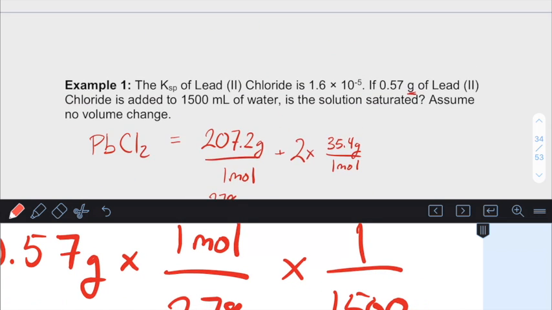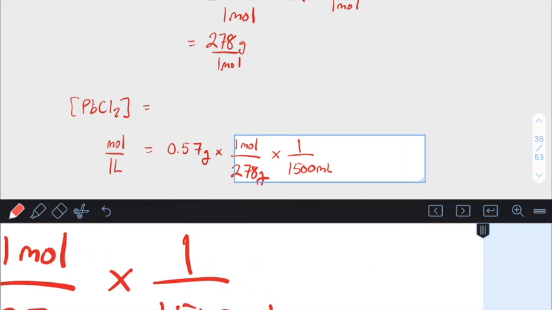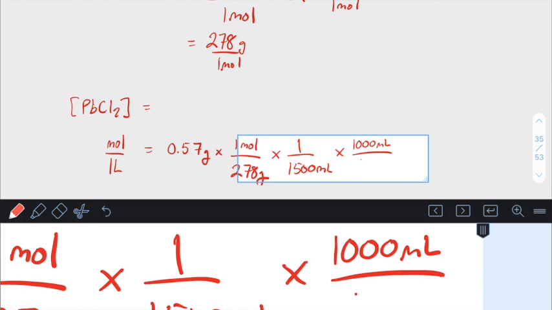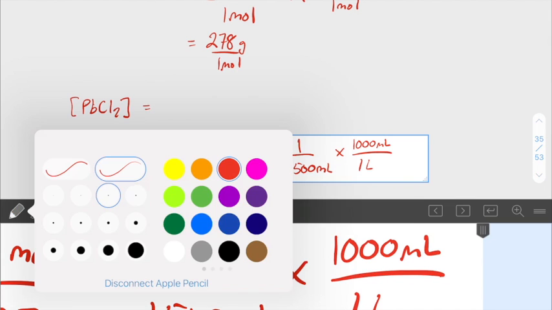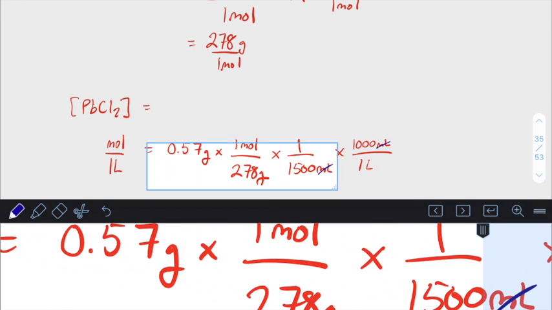Is that milliliters? It is. Well, okay, why don't we do something like this, just to be completely clear. Remember that there are 1,000 milliliters in 1 liter. Going through this, I should see that the milliliters will cancel out, the grams will cancel out, and I will be left with moles over liters.